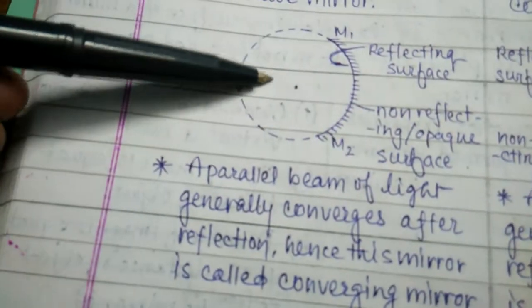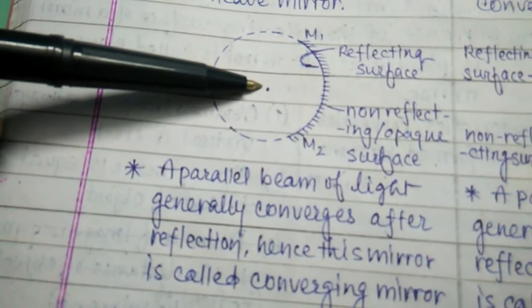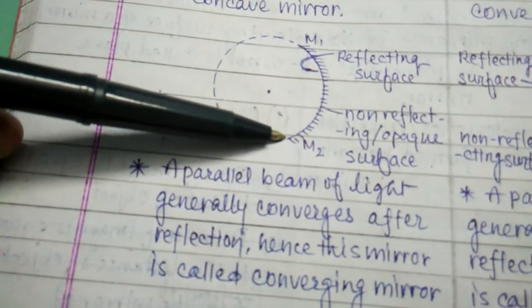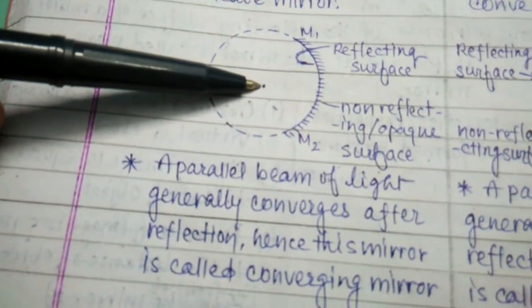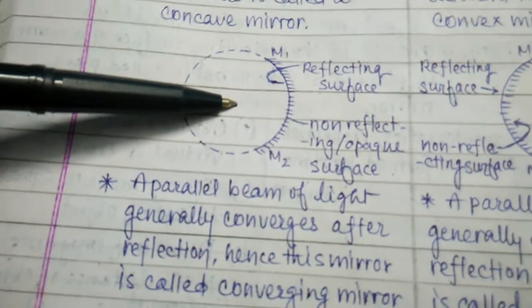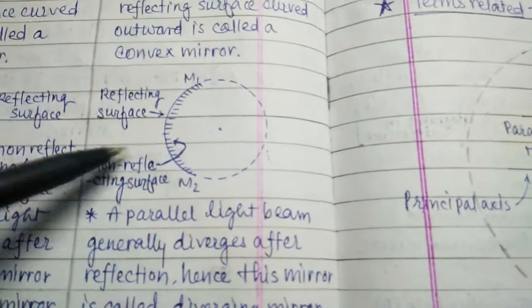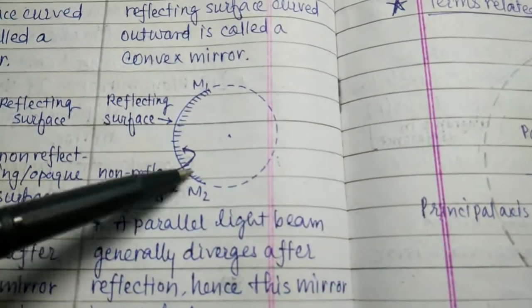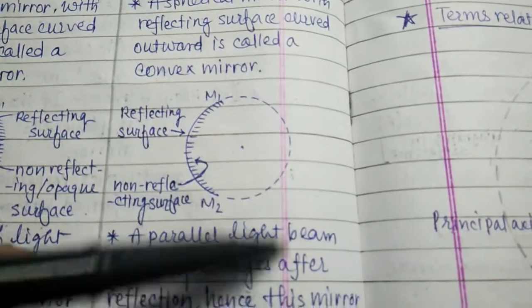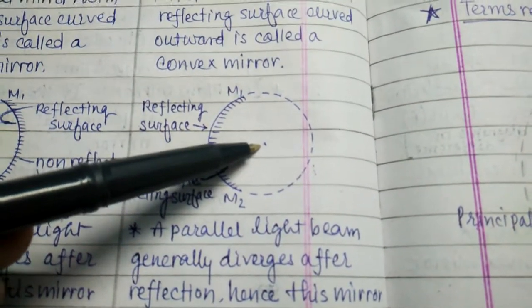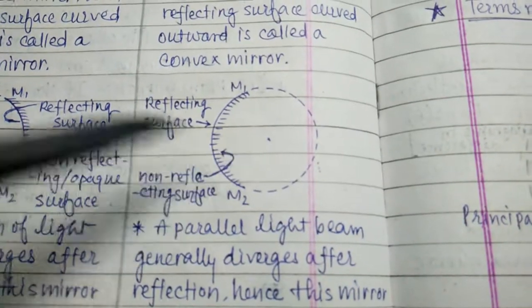So this is the center of curvature, and in a concave mirror, it is in front of the mirror. It is called the real center of curvature. And this is the convex mirror. The center of the sphere is here, behind the mirror, so it is virtual.